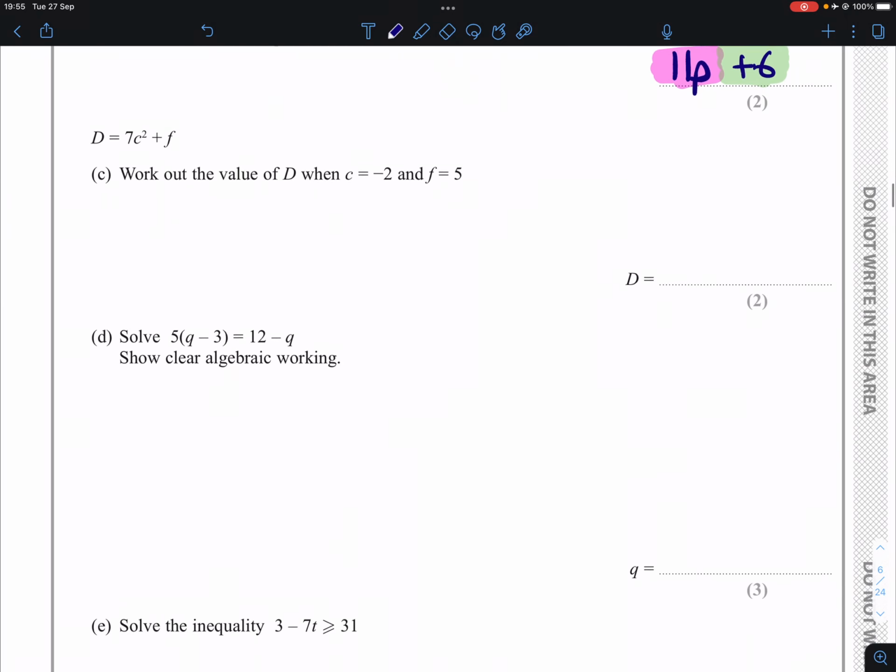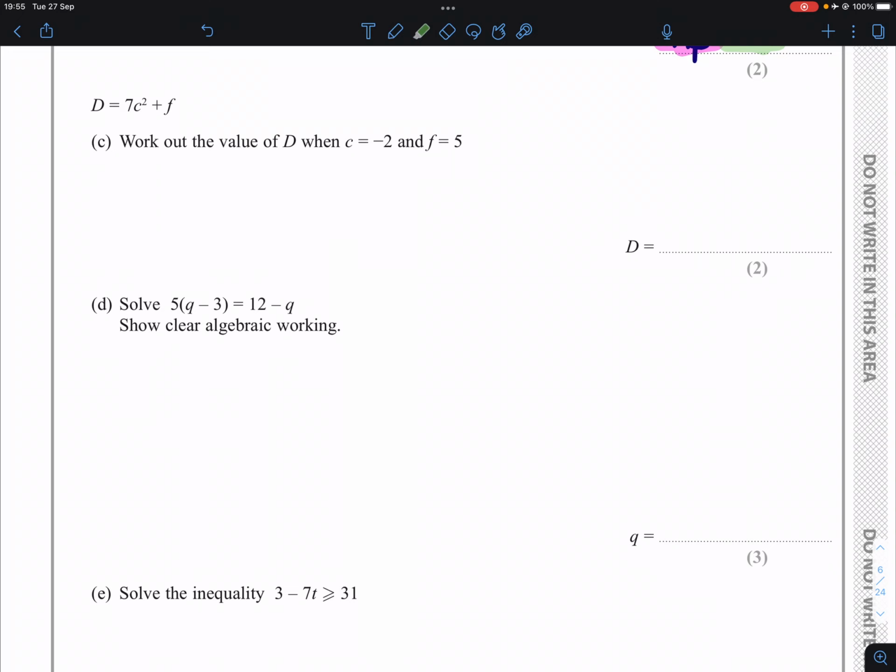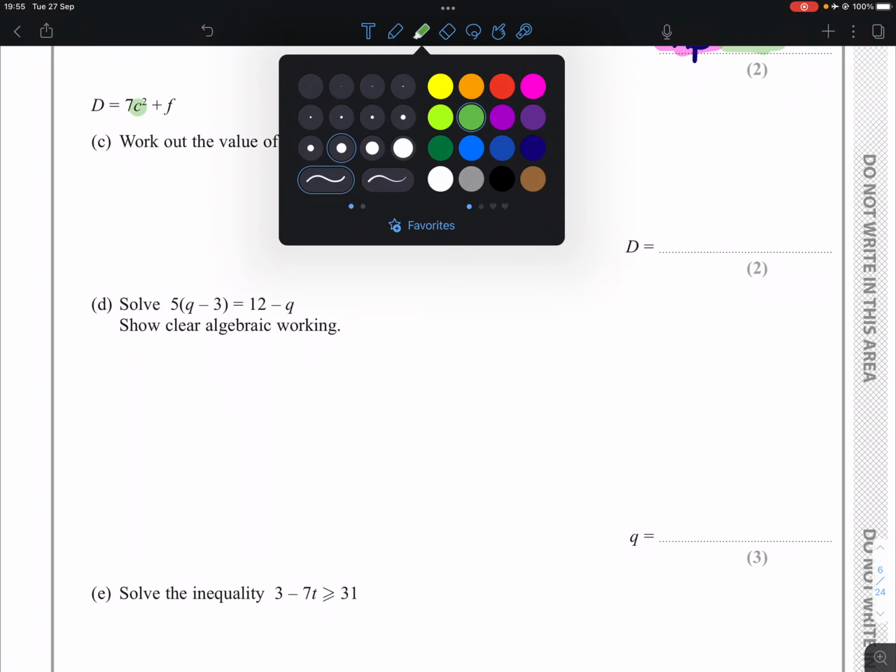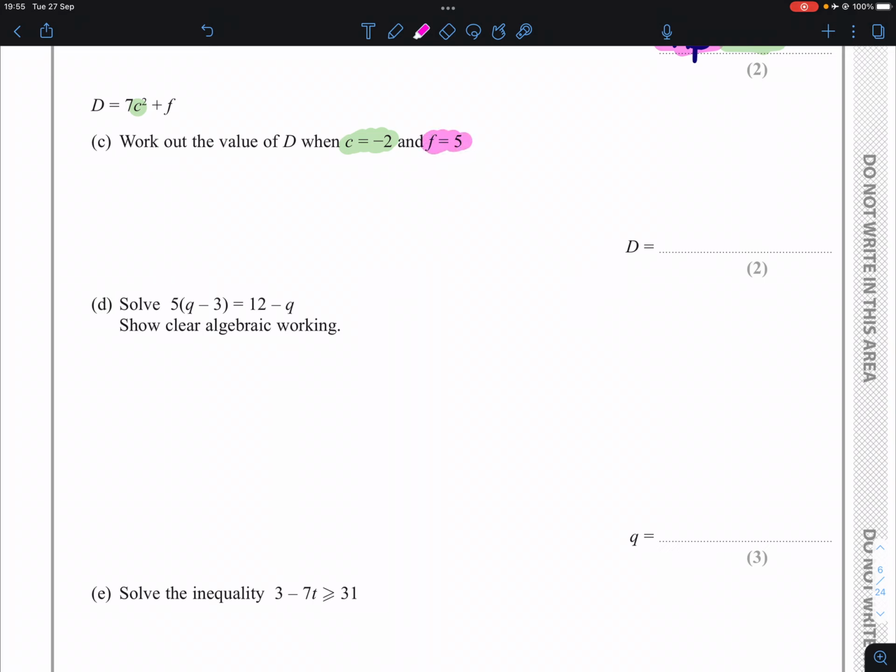Next part, d equals 7, c squared plus f. So we are given c as being minus 2. We are given f as being 5. When we substitute these in, we should be very careful and put brackets around it. The main reason for that is when you sub in negative 2 for c, you've got to be careful with how you square it.